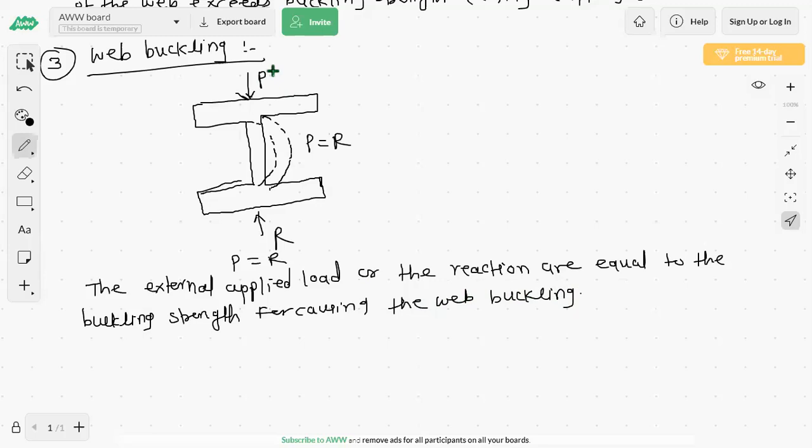So if the external applied force and reaction are both equal, then buckling will occur, and failure will be due to this buckling of the web.